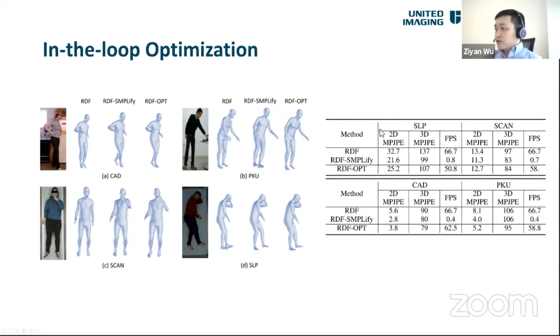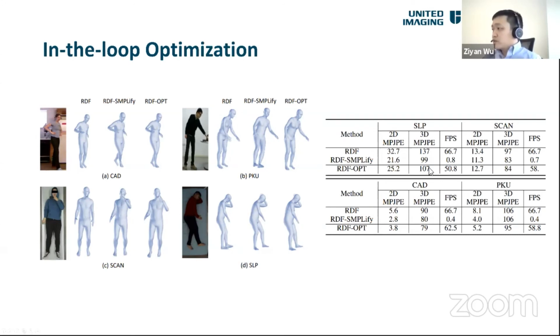So in order to improve this, we have proposed an RDF OPT optimization pipeline based on regression. We are trying to use regression to approximate Simplify. As you can see in this table, we have compared the RDF OPT results to the RDF with Simplify optimization in the loop.